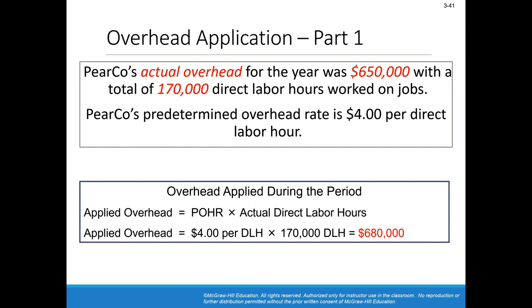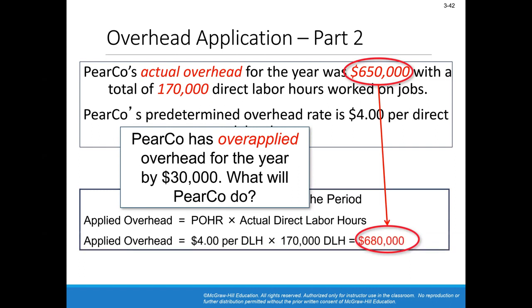So we're going to do the $4 per labor hour and multiply it by the 170,000 hours. So that gives us 680,000. So that's how much we applied. That was our estimate, 680,000. Well, the actual was only 650,000. So we over applied. We put too much.